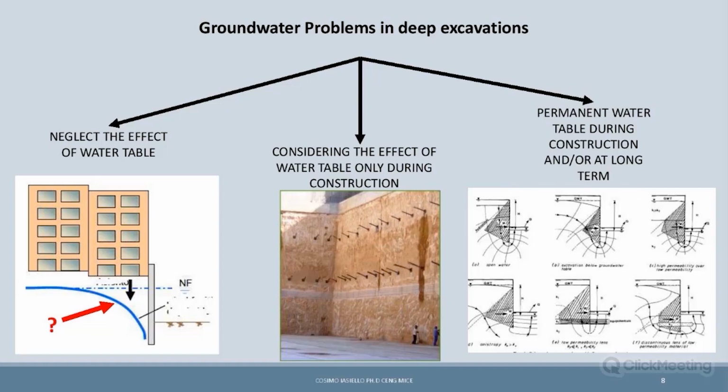Another is considering the effect of the water table only during construction, because we have some sort of dewatering, maybe for a temporary structure coupled with the dewatering. For permanent structures, we will not use it. The third is a permanent water table, during construction and also long term. So this also can be considered in our design. Okay.